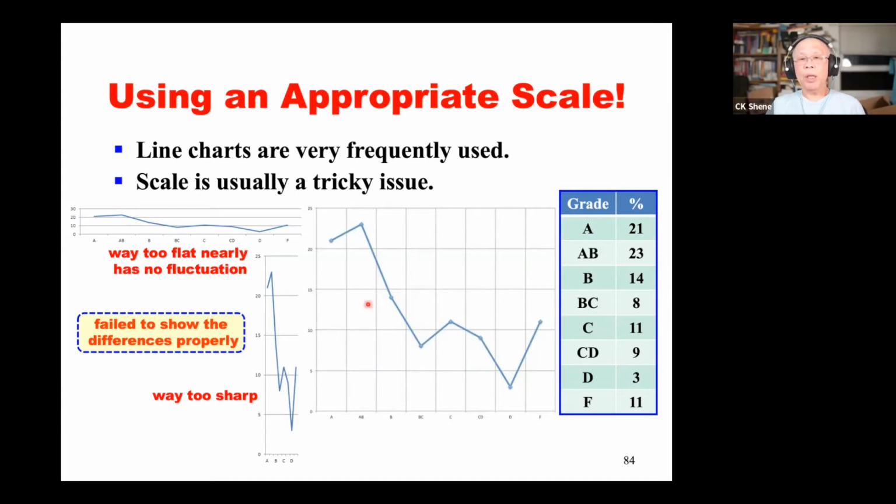Or if you want to present your graph here, but you don't have enough space, so you squeeze the line chart, squeeze the x-coordinate, then this line chart looks way too sharp. So among these three, this one is a natural one. This one is way too flat, and this one is way too sharp. So both of these fail to show the differences properly. So when you use a line chart, the scale for drawing it is a very tricky one.